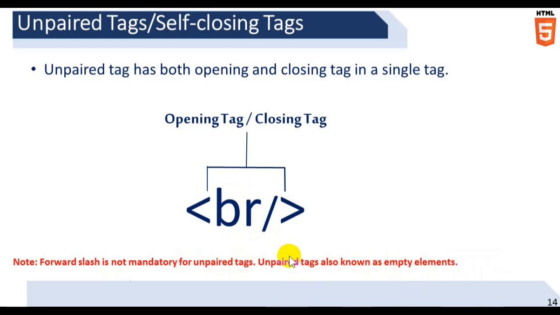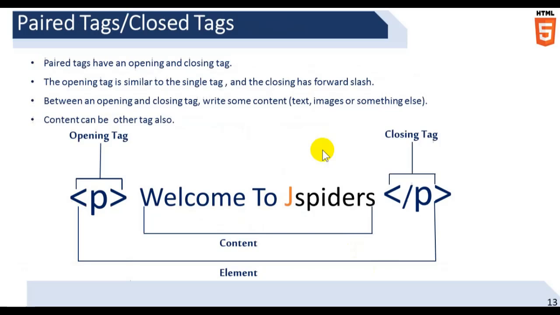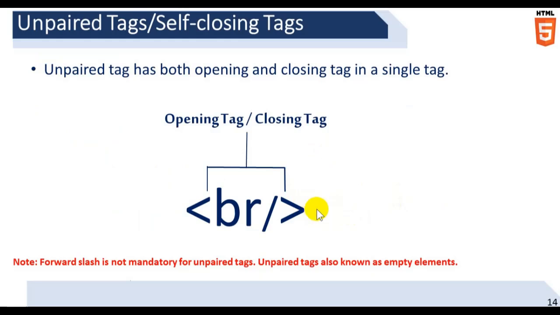So why do we call this an empty HTML element, guys? If you observe the previous slide, in an unpaired tag, along with the opening and closing tag, we don't have any content. When there is no content, we call this an empty HTML element.